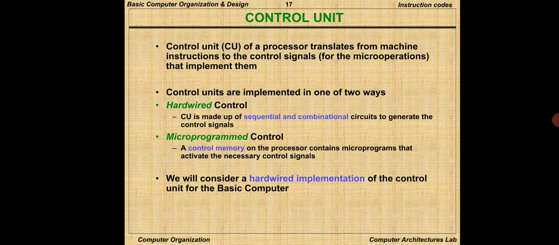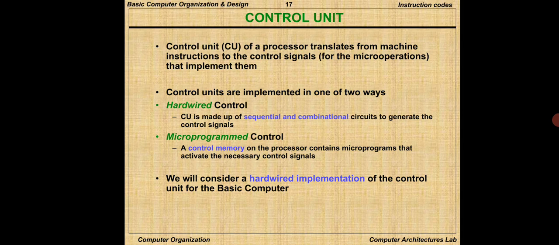For multiplication I will use a sequence of adder circuits. For division I will use a sequence of subtractor circuits. For complementation I will use a different type of complementary circuit. So the control signals are developed using hardware circuitry. That is known as a hardwired control unit.